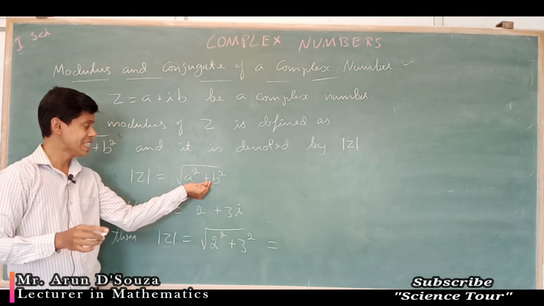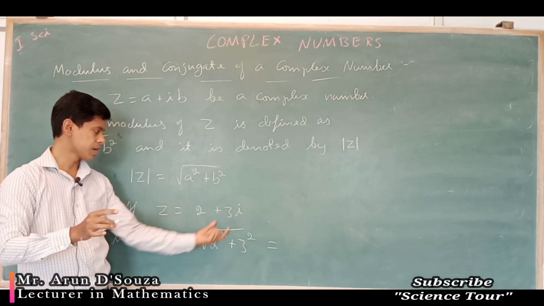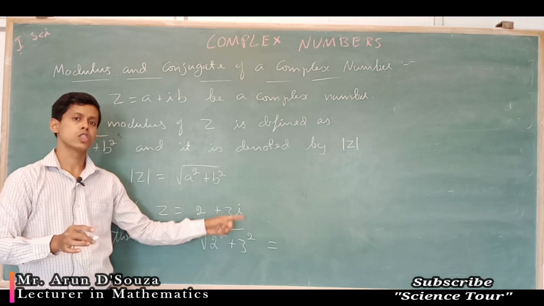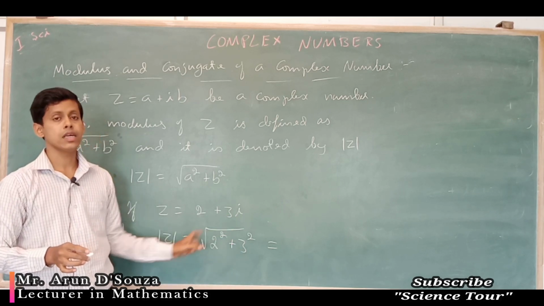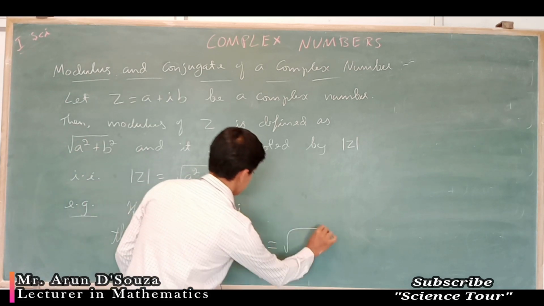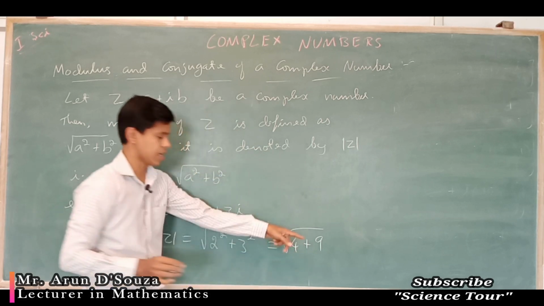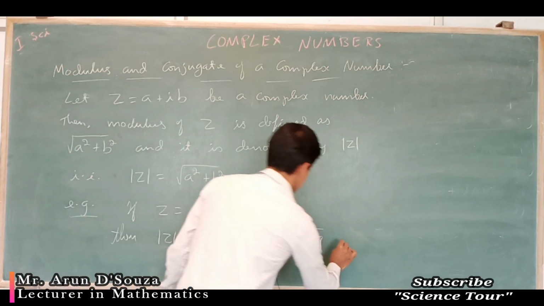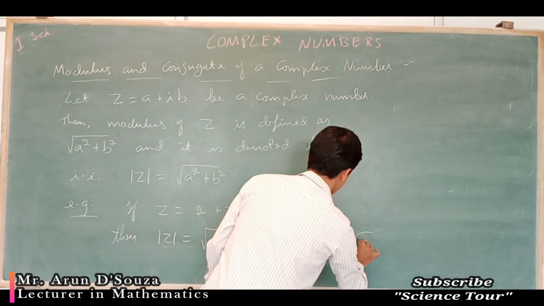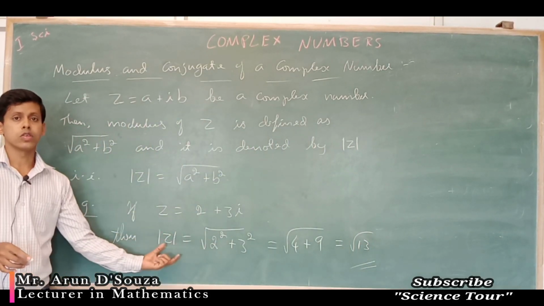Remember, there is no i here, so don't write i square. It is only the real part and the imaginary part squared and added under the root. First you have 2 square, which is 4, plus 3 square, that is 9. So that is under root 13. So square root of 13 is your answer for the modulus of z.